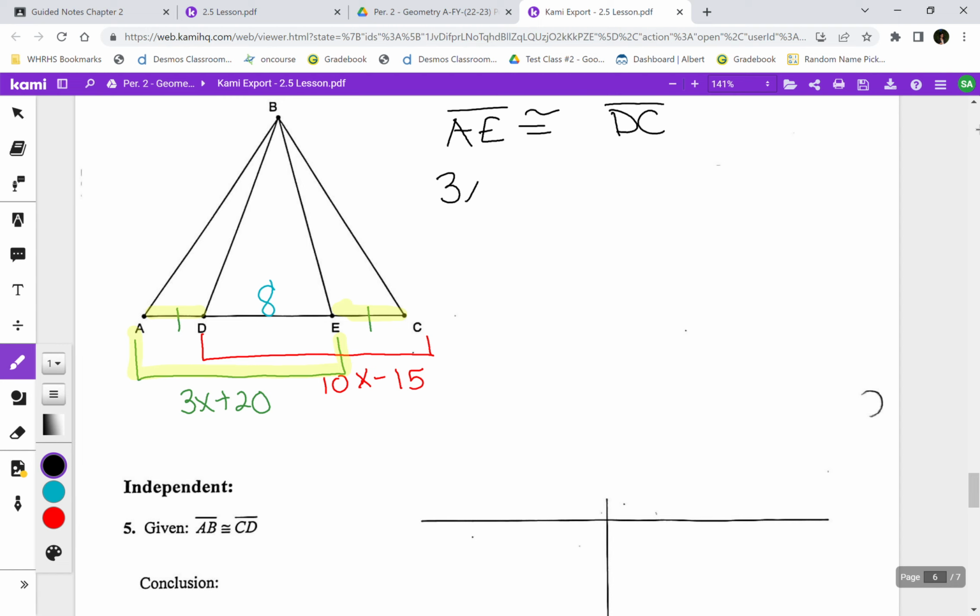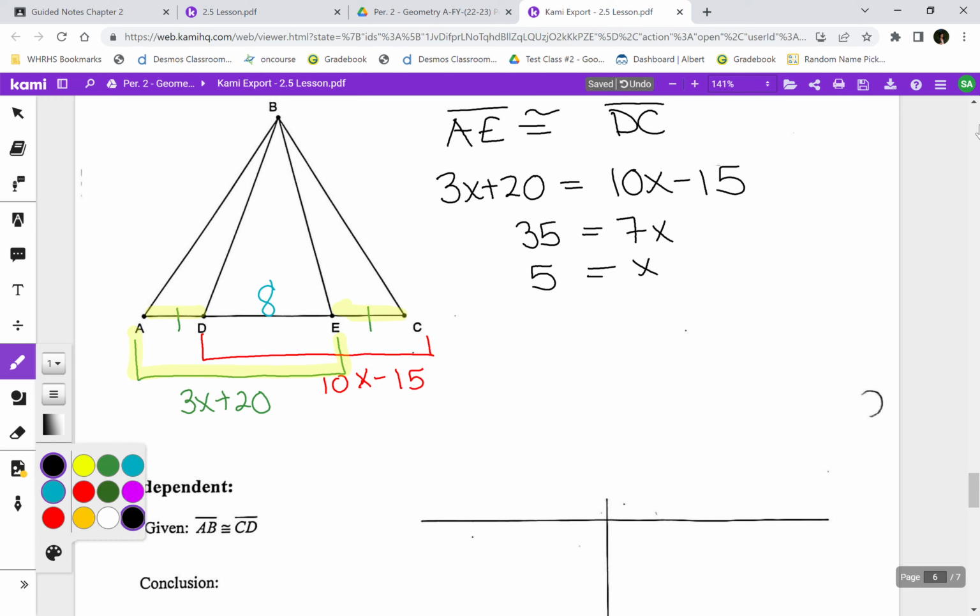Because now I need you to realize that AE is congruent to DC. Therefore, we can say that 3x plus 20 is equal to 10x minus 15 to solve for x. So we'll get 7x equals 35, so x is equal to 5. Now I'm going to plug in.